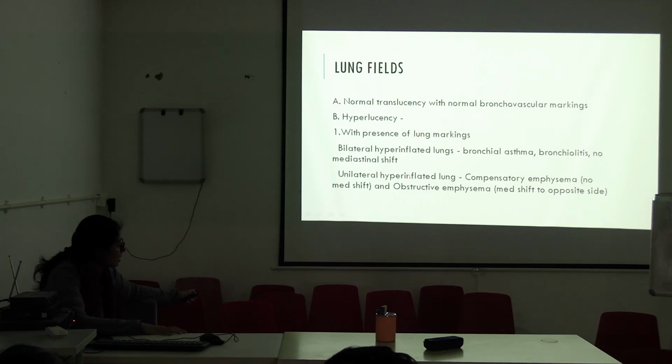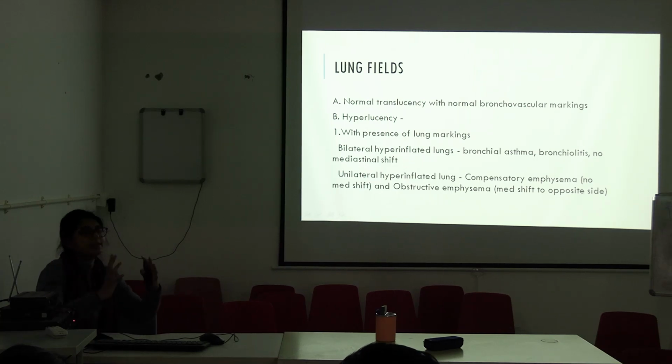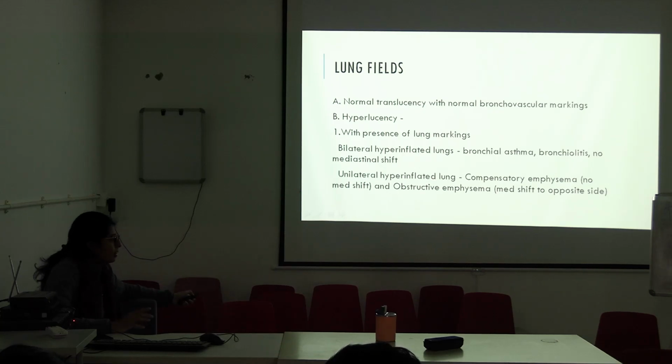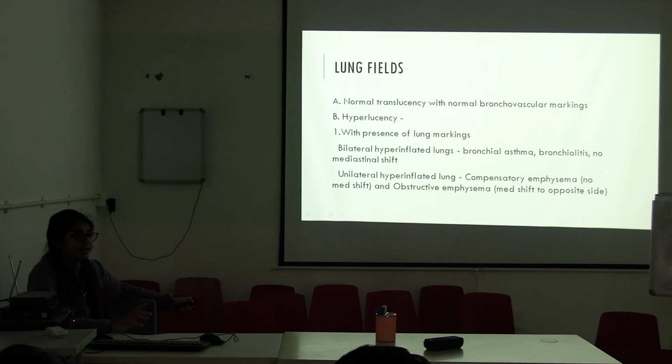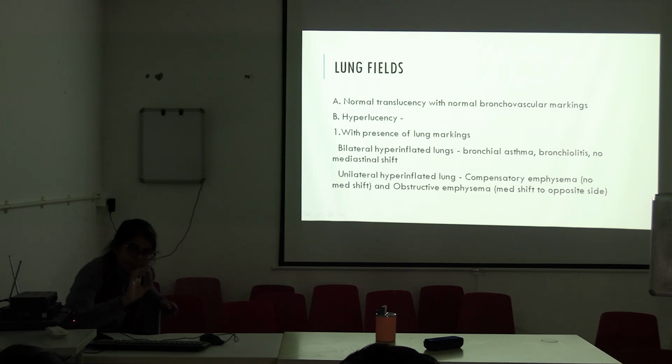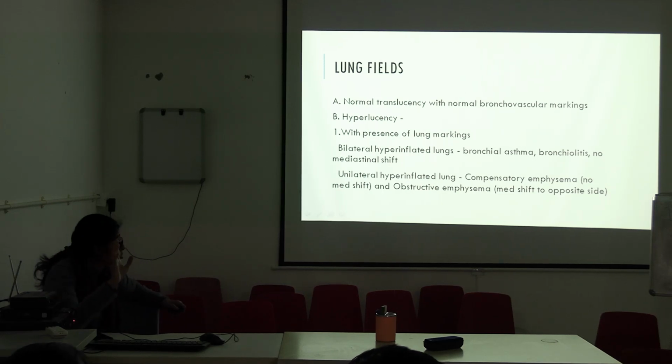If it is unilateral... both sides are hyperinflated, so how can there be a mediastinal shift? Do you understand? But if it is unilateral hyperinflated lung, we will call it compensatory emphysema and there is no mediastinal shift. And obstructive emphysema if there is mediastinal shift to opposite side. I feel some parts got confused, let me see how you will understand.